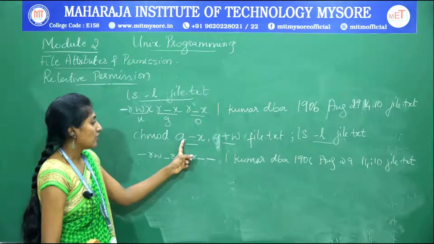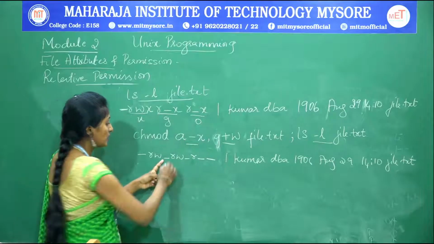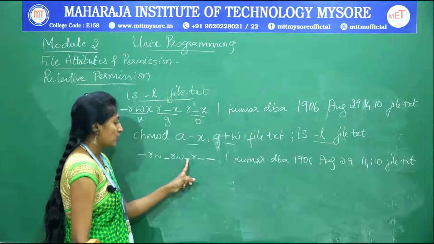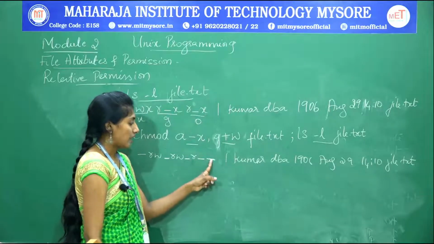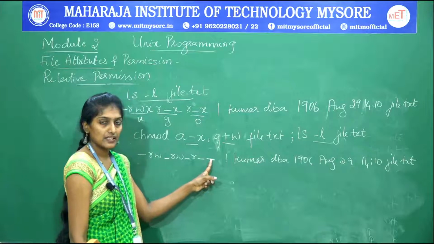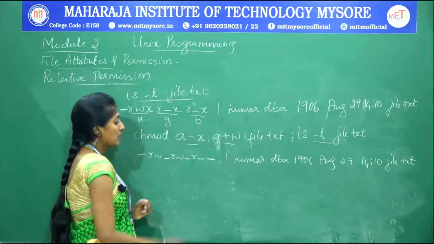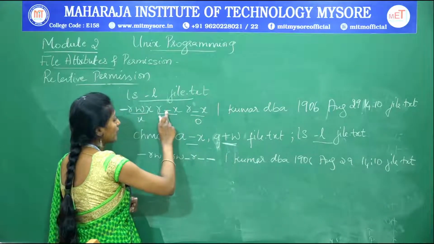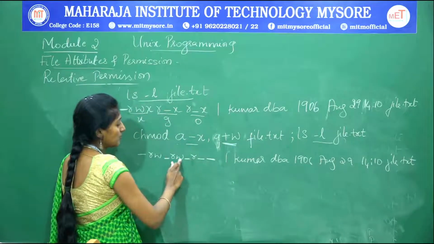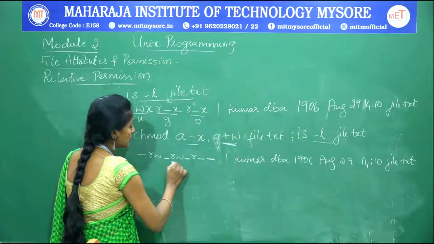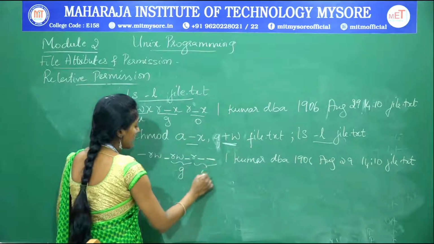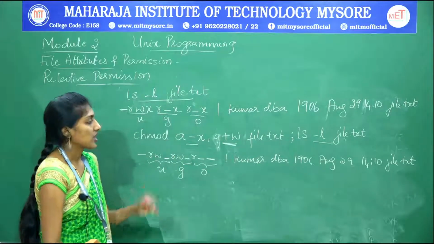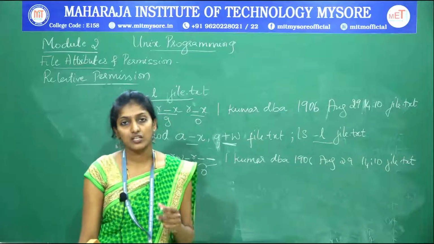As you can see, for all three categories, the execute permission has been removed: hyphen for user, hyphen for group, and hyphen for others in the place of execute permission. And as you can see, I have assigned write permission for group. Before it was absent, now it is present in the group. These three bits represent group, these others, and this represents user or the owner. So this is how you can assign the file permission.